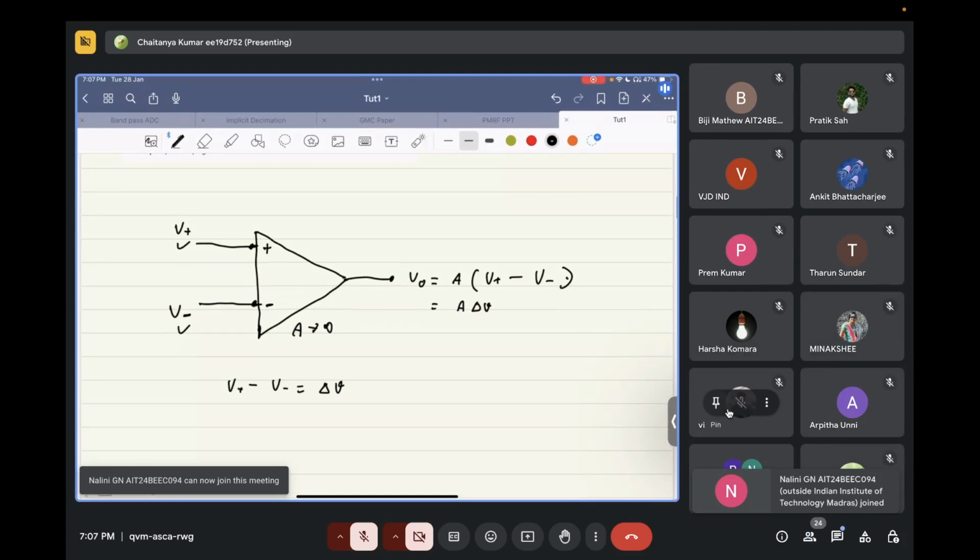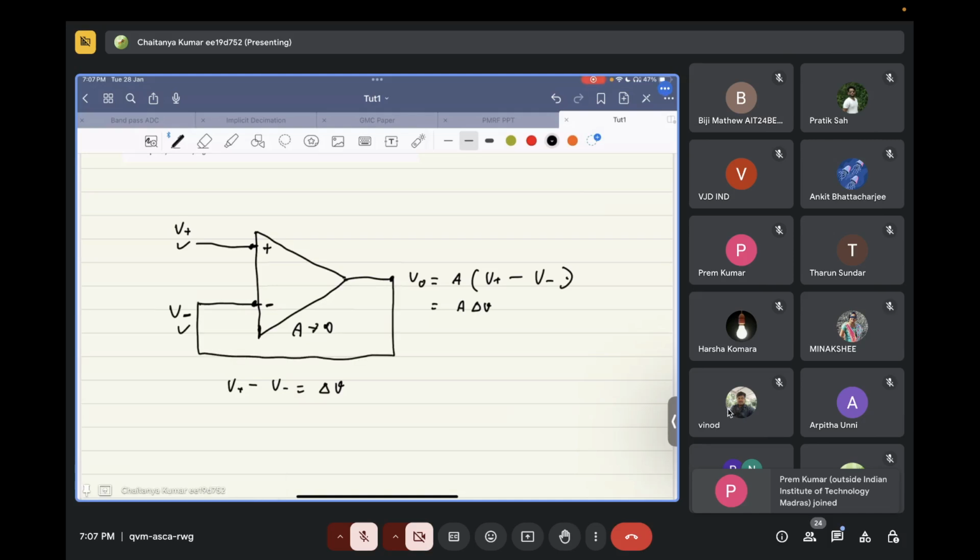So that will happen. Now, let's say I connect it like this. Okay. Now, what will happen?